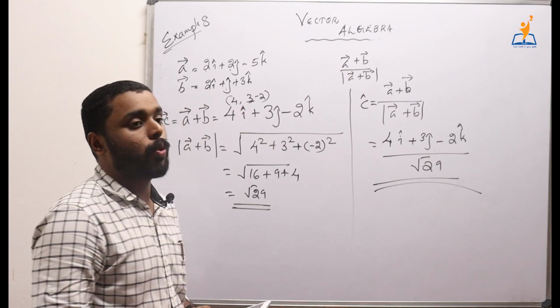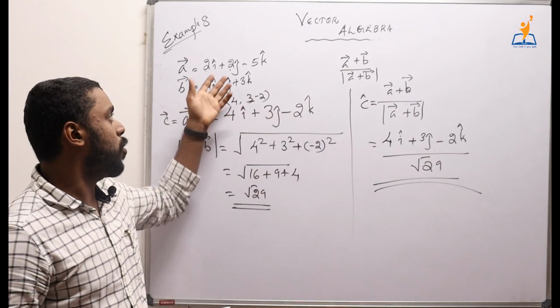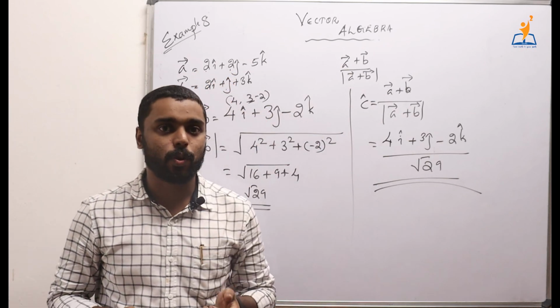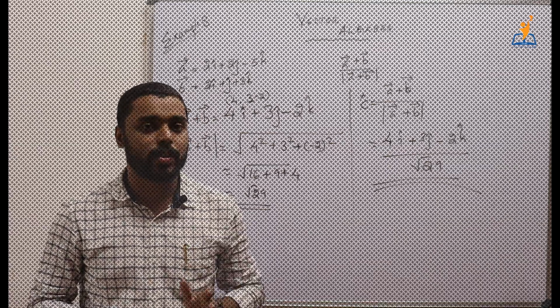So this is the unit vector in the direction of the sum of these two vectors, which was our asked question. So I hope you understood this question very well.